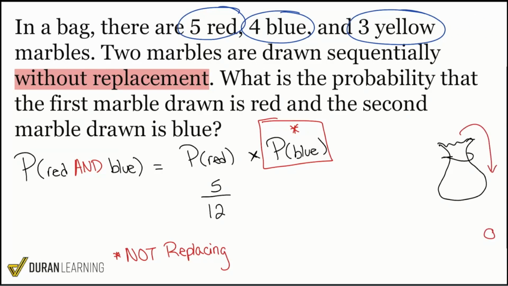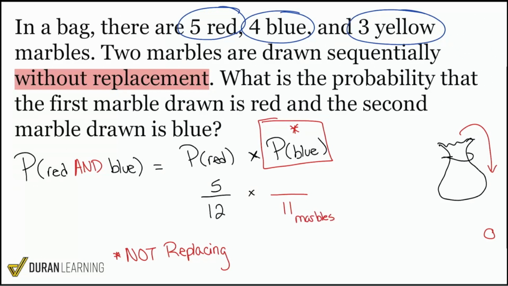I take that red marble and I leave it out. So instead of having 12 marbles to choose from now, everybody, how many marbles do we have to choose from now? Yeah, it goes down from 12, because before we had 12 total, 5, 4, and 3 together, but we take one of those red ones out. So now we actually have 11. There are 11 marbles here.